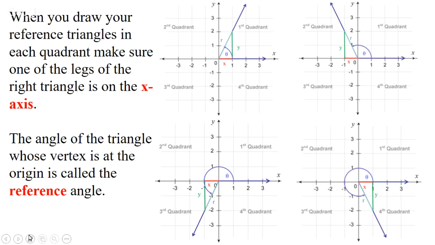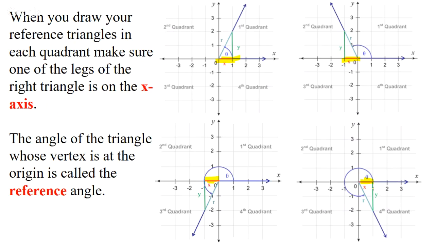Notice that the x-axis is always part of the triangle. A lot of people mess up and try to make the y-axis part of the triangle. The y-axis is never part of the triangle. So you have your x, your y, and then your radius.